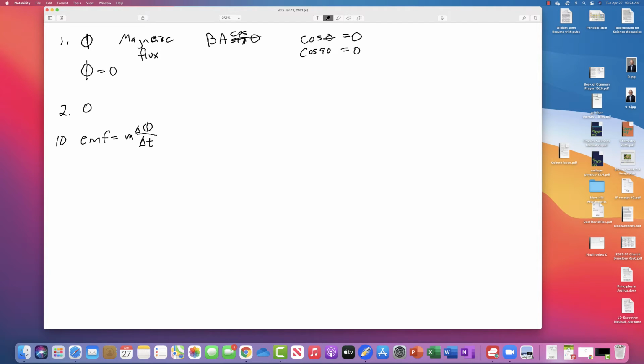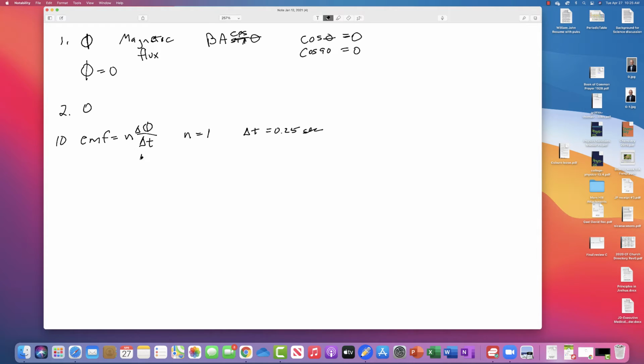N is equal to the number of turns. In this problem, the number of turns is 1. The change in flux is delta psi, and the change in time is 0.25 seconds. So we can put that in.